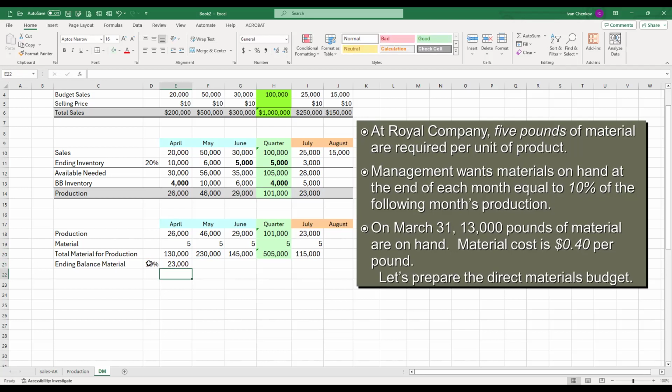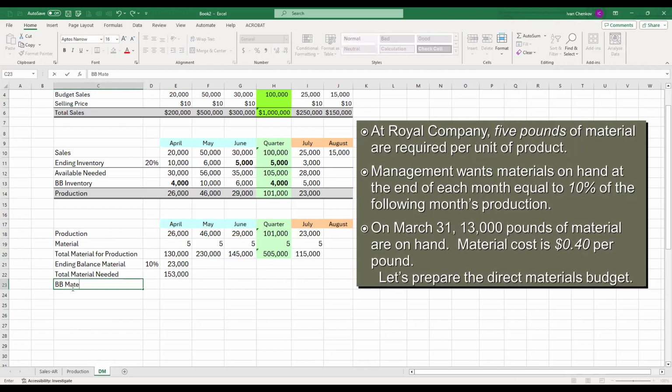We own pounds here. Make sense? So in total, material needed, in total I need 153,000 pounds.